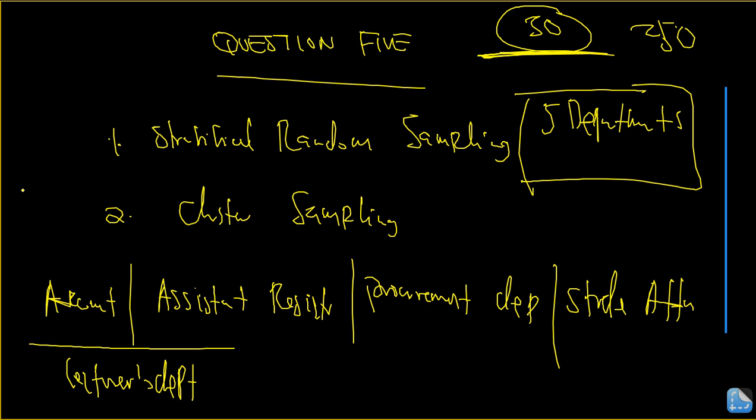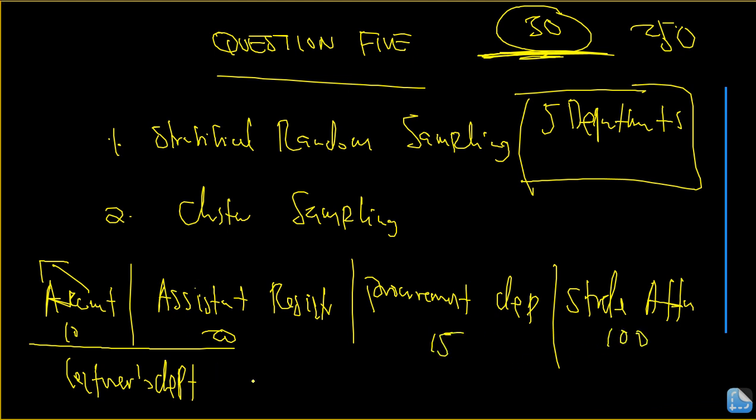Now, based on your sample size, you are going to sample depending on the number of employees in each department. Let's say you have 10 here, you have 20 there, you have 15 here, and let's say you have 100 here.